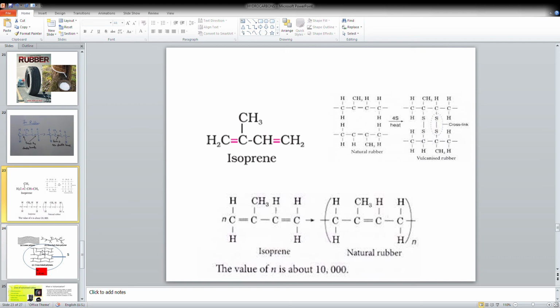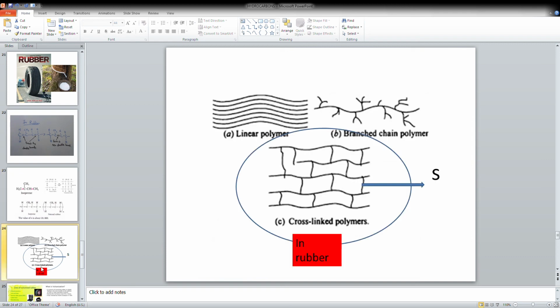Then the next method, again you can classify the polymers based on the structure. Based on the structure means like this. When you get the polymers, you can see this kind of chains. All are straight line paths or linear paths. That is called linear polymer. Don't worry about the whole structures here. Just remember this kind we call linear polymer.